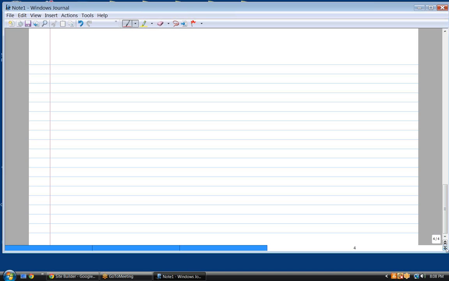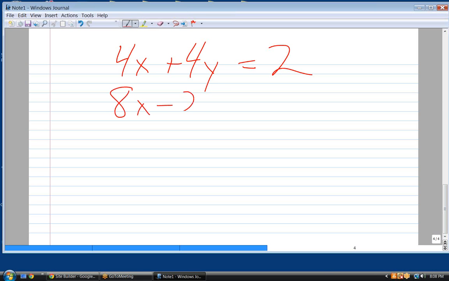Solve the system of linear equations using an inverse matrix. And it's 4x plus 4y equals 2 over 8x minus 20y equals 6, or negative 6.